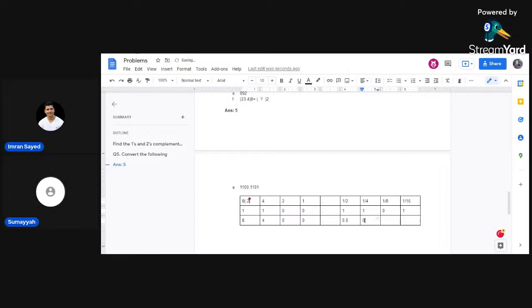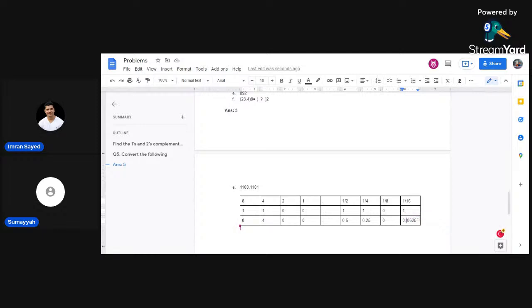Then 0.25. This is 0, and this is 1/16, 0.0625. Hold on. Can you delete mine?